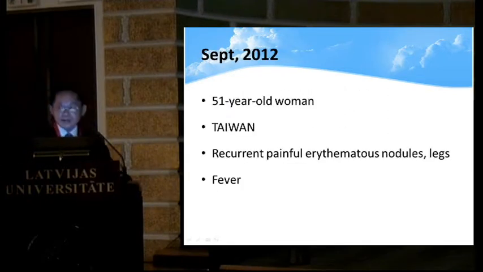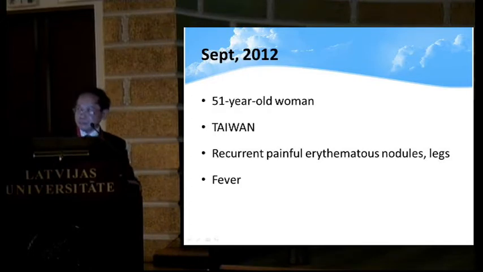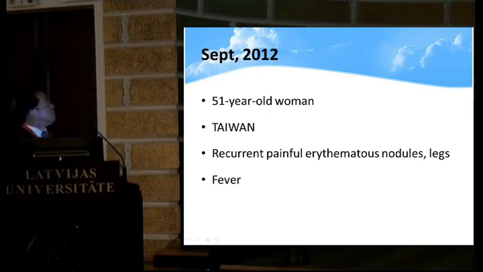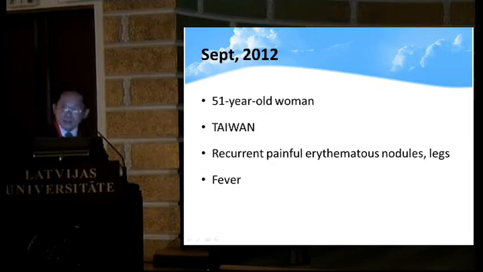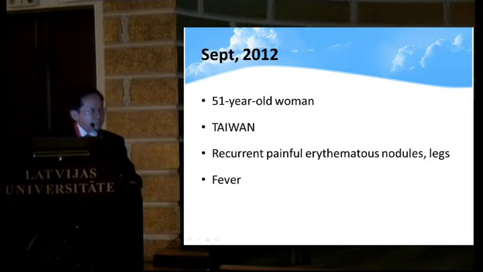So, with this background, I'd like to share with you the patient we saw last year or so. This lady is a Taiwanese woman, who was born and lived in Taiwan all her life, and she was 51 years old. The final diagnosis actually took almost 6 months, and she went through 3 different hospitals without a definite diagnosis.